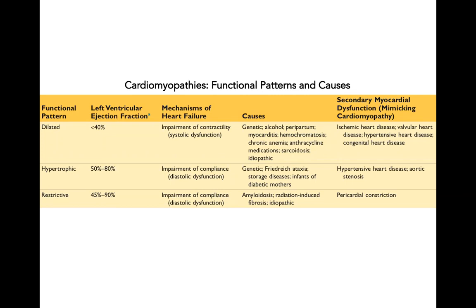All right? And then the mechanism of heart failure is impairment of contractility. So this is a systolic dysfunction. Systole, ito yung pag-contract ng heart. All right? So majority genetic, no? Although this can be caused by alcohol, by certain different causes, no? Madaming causes tayo. All right?